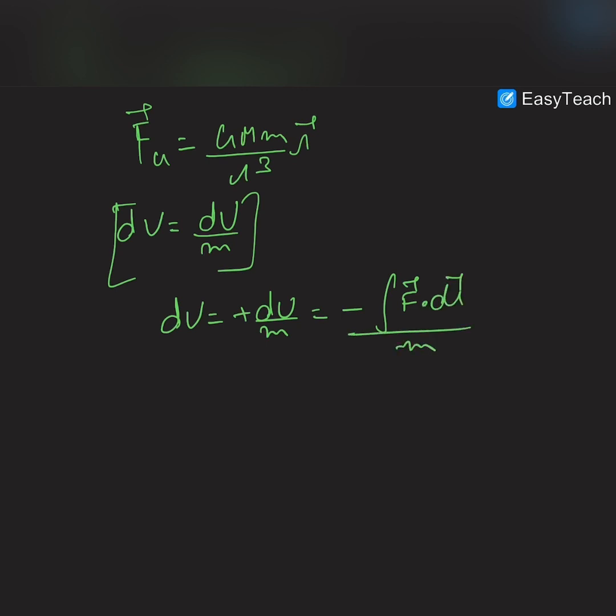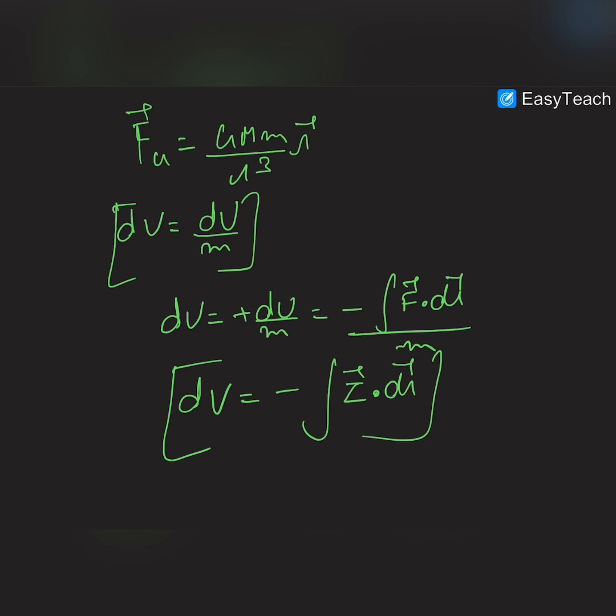So F by m is gravitational field intensity. So dV is equal to minus integration I dot dr, where I is the gravitational field intensity. So this is the relation between the gravitational potential and the gravitational field intensity.